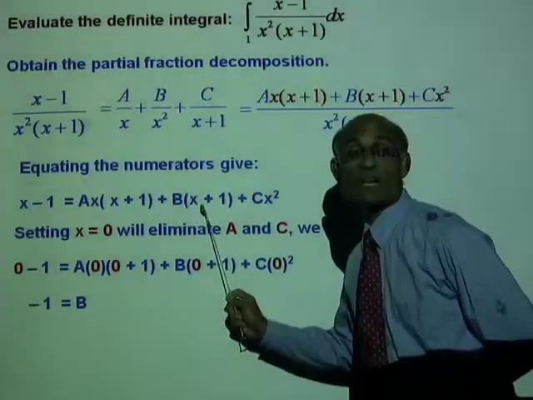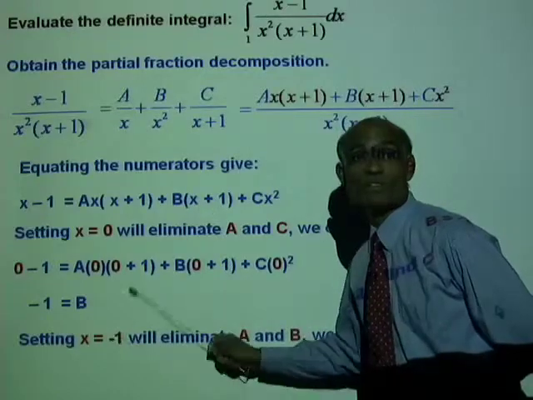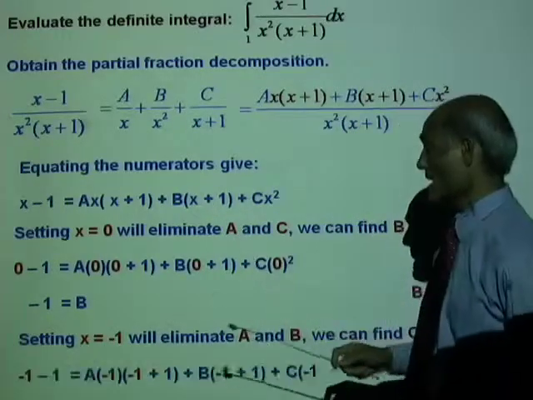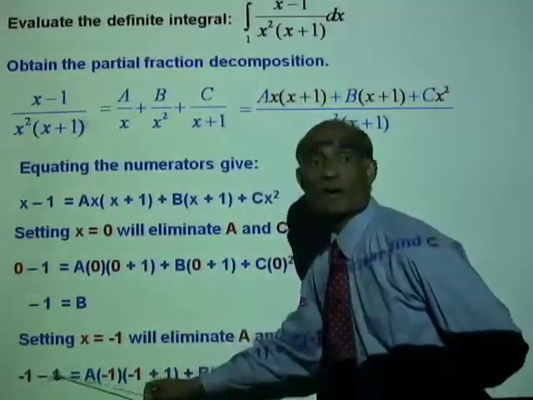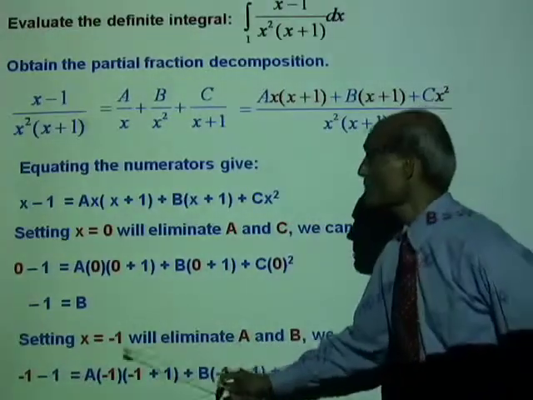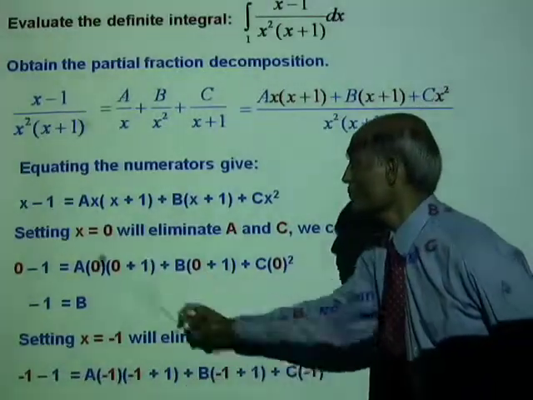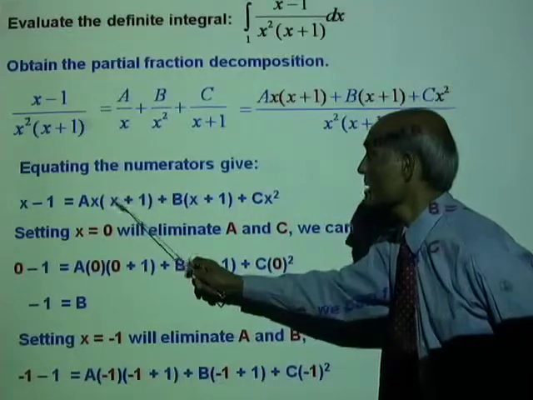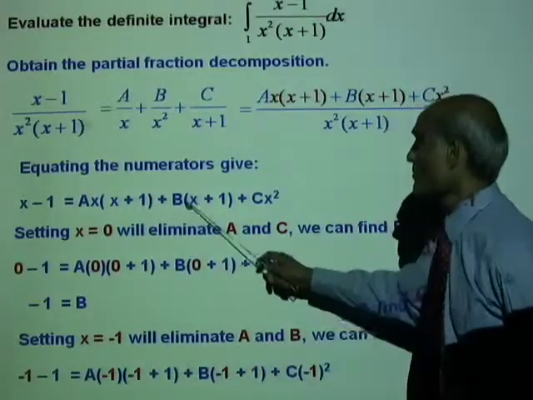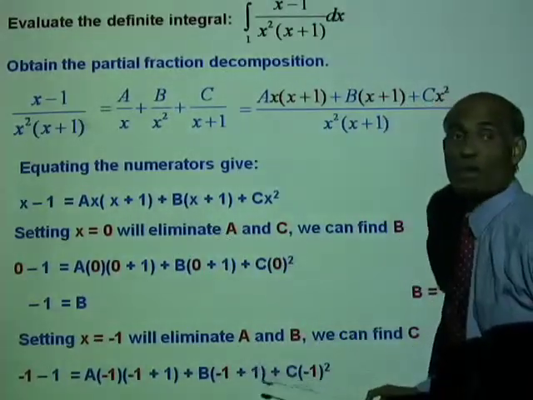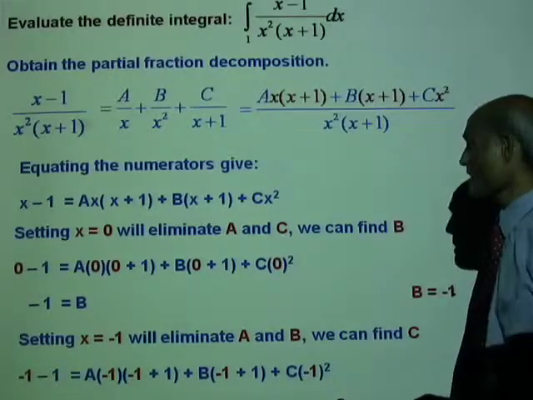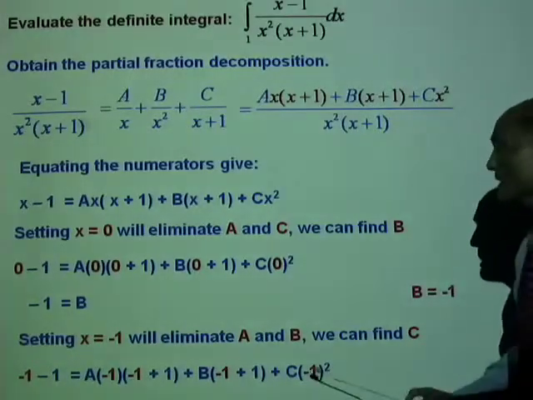Okay, next let's use x equal to -1, and we have -1 minus 1 equal to a times -1 times -1 plus 1 plus b times -1 plus 1 plus c times -1 all squared.